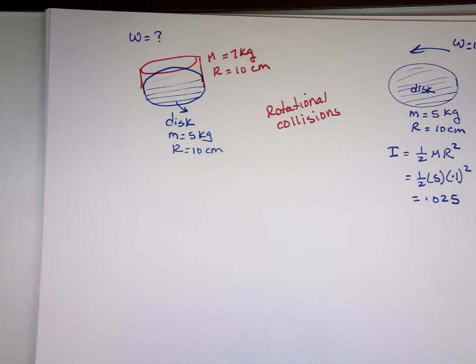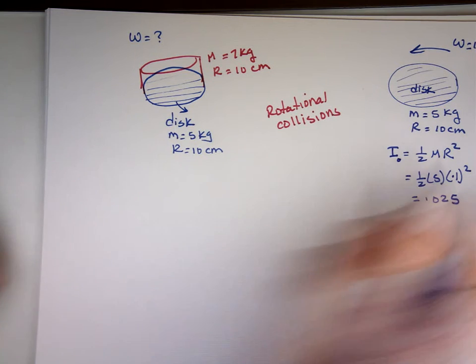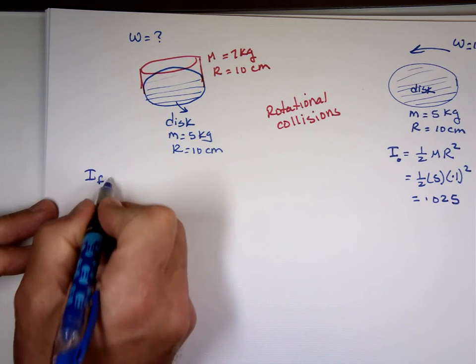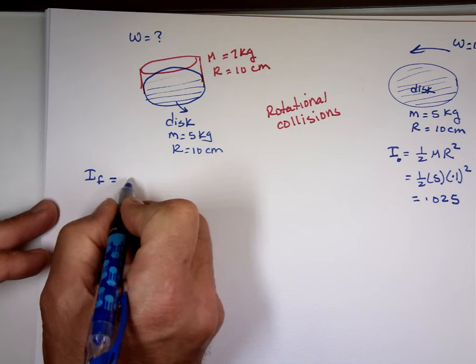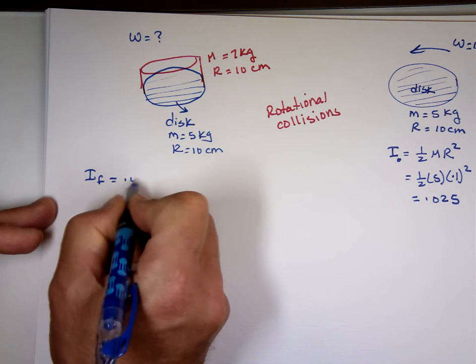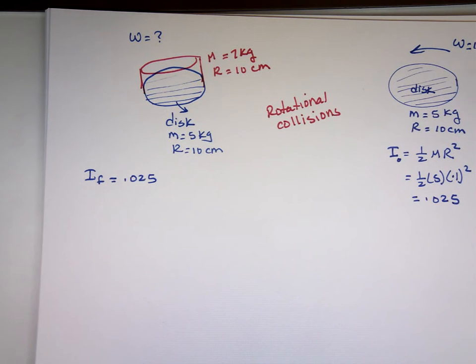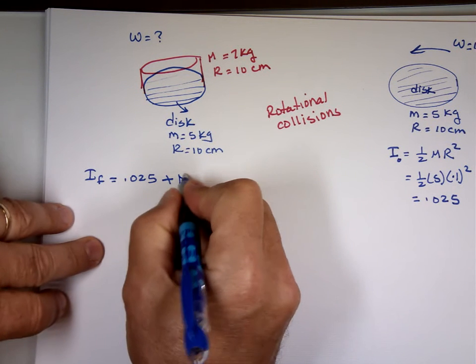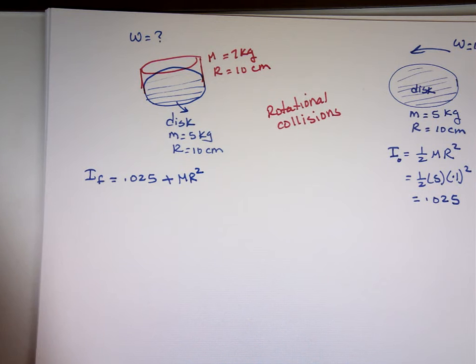What about the inertia after? This is the initial one. The final inertia is going to be the inertia of the disk, which is what? Still 0.025. The bottom piece didn't change. But now we added that little hoop, that ring on top of it. It's just a ring, not a solid one. And the inertia for a hoop is mr squared.